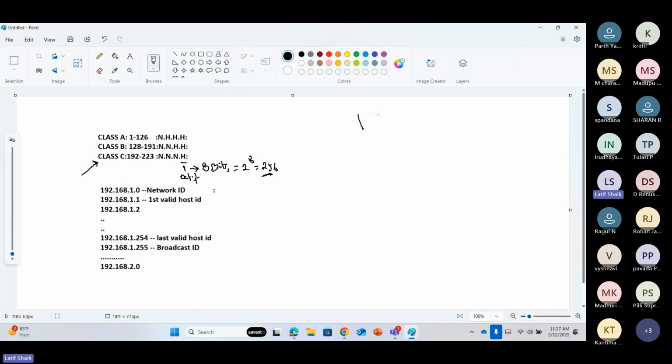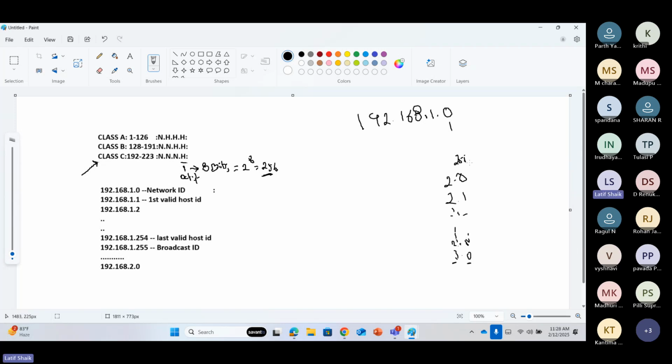So I have chosen one range of network in class C like this, because it is one private IP range I have taken out of the private IP ranges. This is the network I took. It goes from 1 to 255. Then it becomes 2.0, again 2.1, 2.2, keeps going to 2.255 and 3.0.